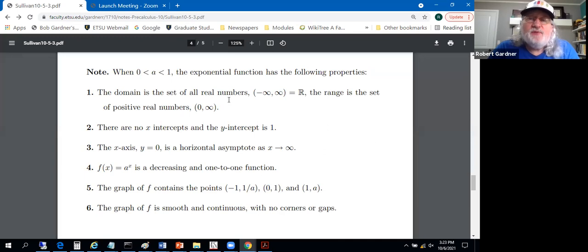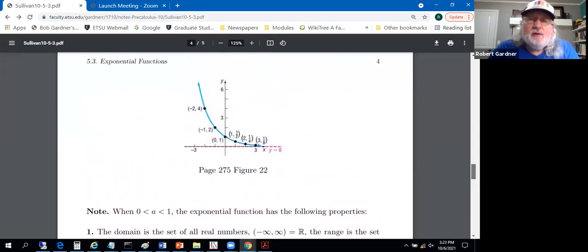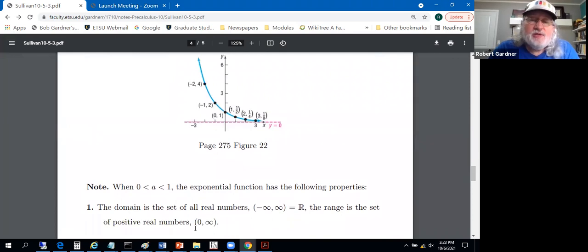So take a between 0 and 1. What do you get in terms of domains and ranges? Same thing we had in the case a is greater than 1. For example, here's 1/2 to the x power. Domain, all real numbers. This is defined for any input. Output, again, is strictly greater than 0. So the range is all positive real numbers, the open interval from 0 to infinity.